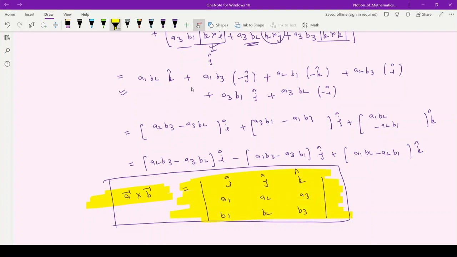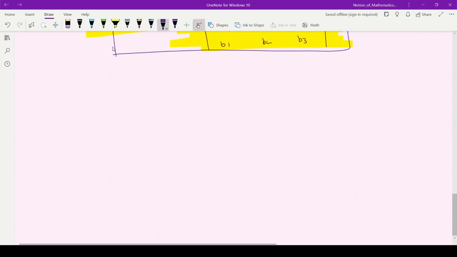Now we are able to discuss the application of this particular development. So what is the application? That is what I was about to talk earlier. Here if I will talk about the application of this particular formula, so via this question I will discuss it.